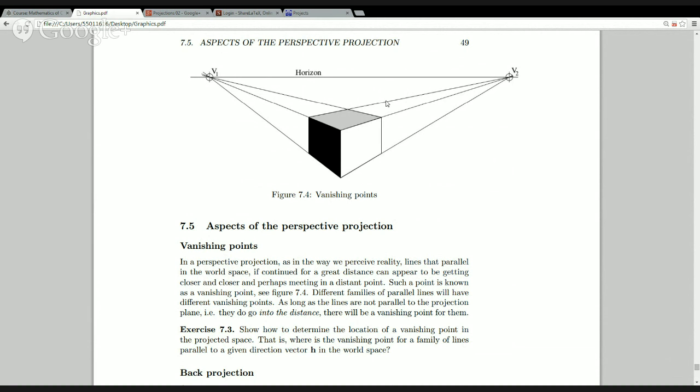Then the projected point r prime will have coordinates r prime x, r prime y, f.